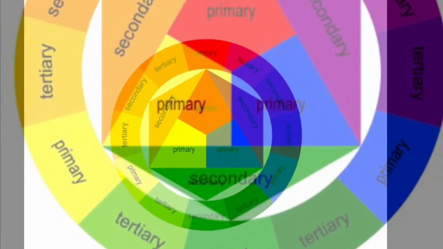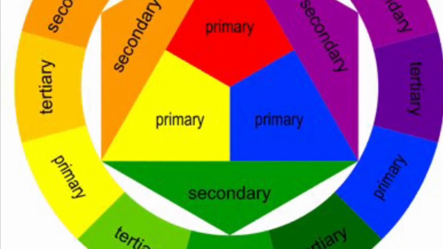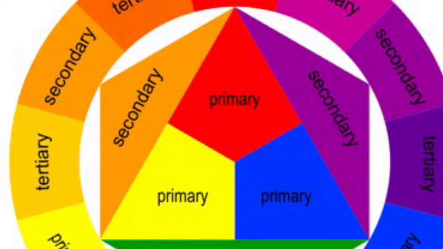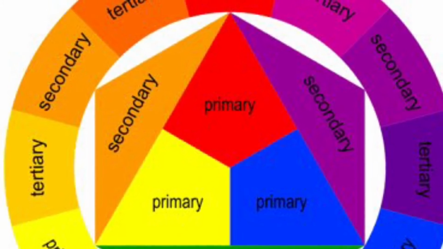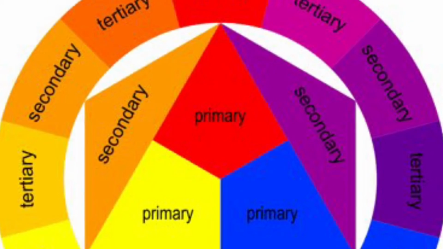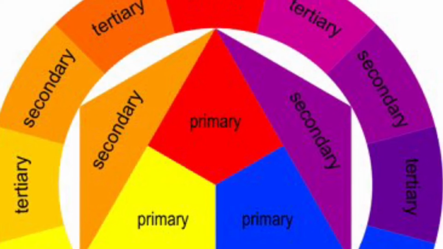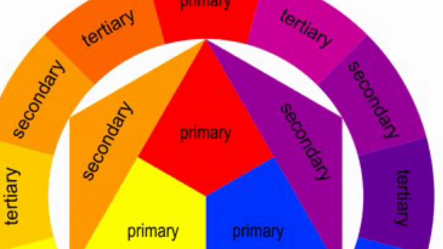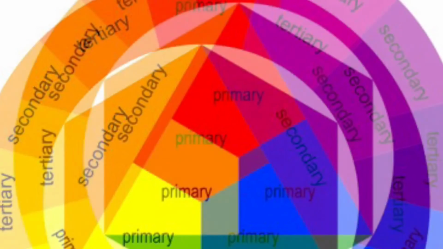Now, those next colors that we see along the ring, around the outer edges of this design, include the tertiary colors, in addition to the primary and secondary colors that we've already talked about that are also located on that ring around that shape.